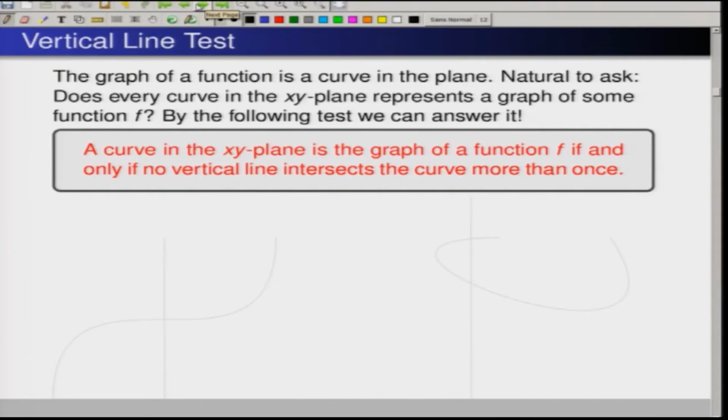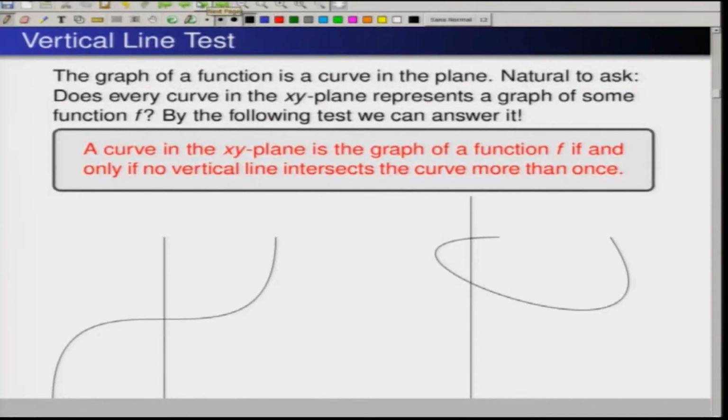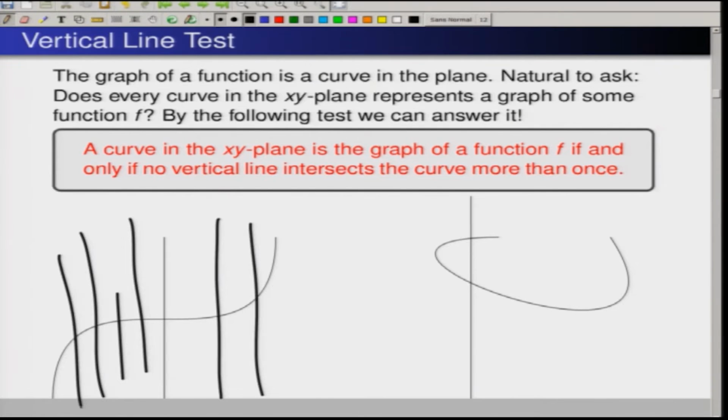So, you take the various vertical lines. Each should intersect the curve at only one point, it cannot intersect at more than one point. For example, on the left hand side of this, if you take any vertical line, it is going to cut this curve at only one point.